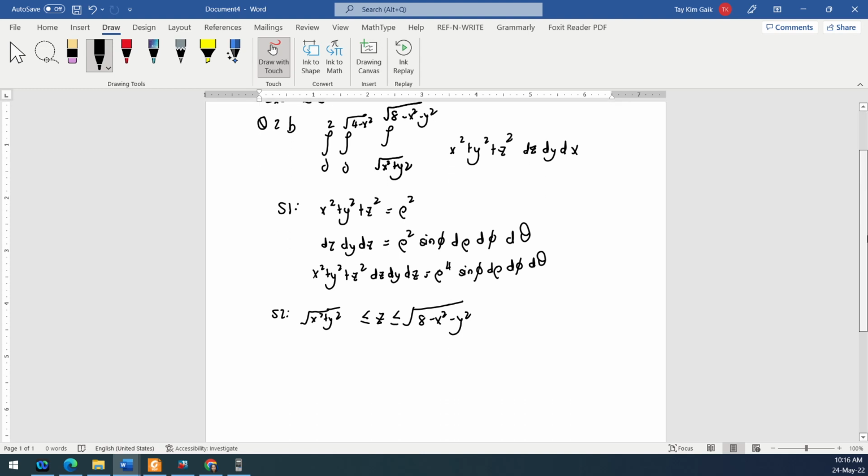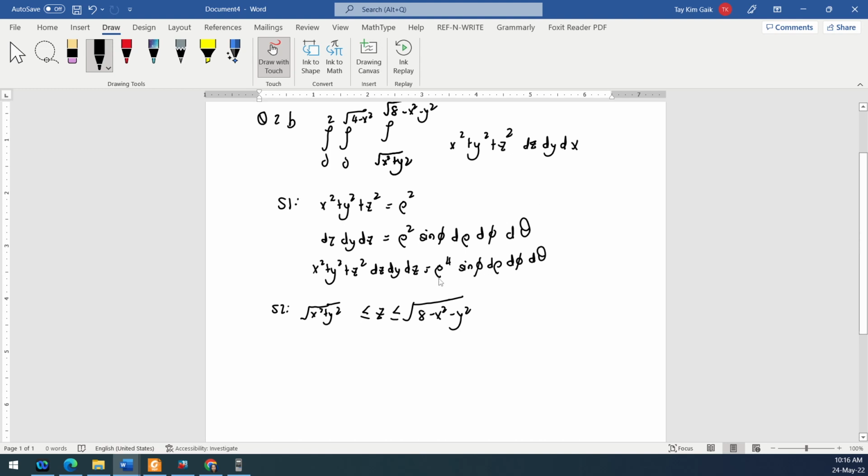To determine rho, you see z equals square root of 8 minus x squared minus y squared, which is actually the upper hemisphere.